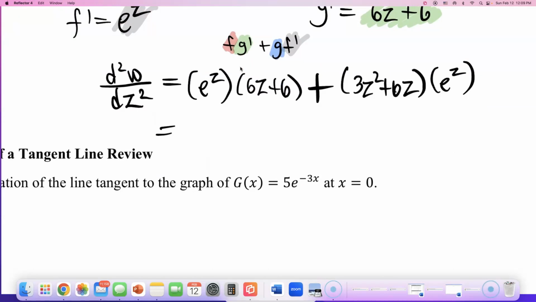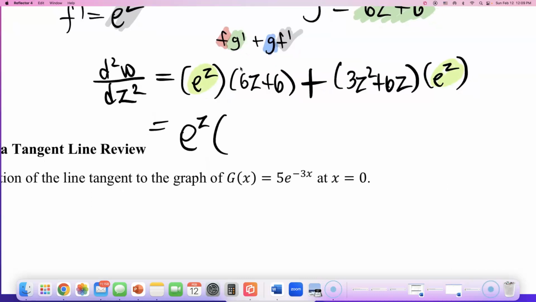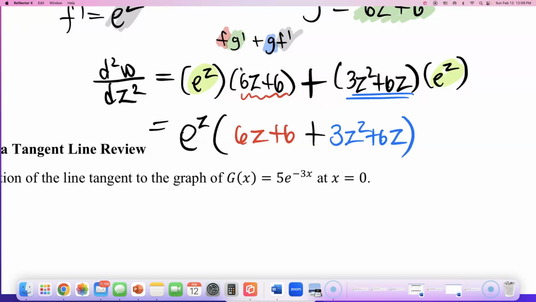What kind of terms can we factor out? I would like to factor out this exponential term to the front. So what's left inside? This is left inside, 6z plus 6. And from the second, we have this 3z squared plus 6z. As you can see, we can simplify this inside part. I'll write this one first, 3z squared.